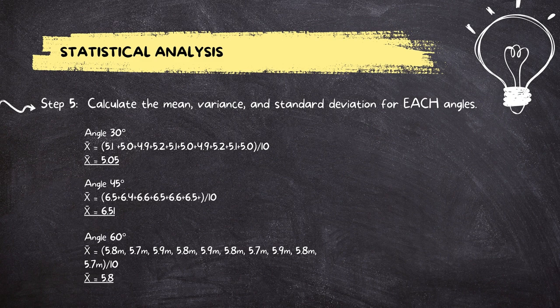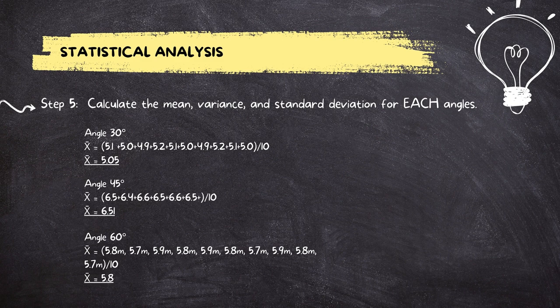So the total would be 5.05. And then the angle 45, x bar equals open parenthesis 6.5, 6.4, 6.6, 6.5, 6.6 plus 6.5, adding all those together, close parenthesis divided by 10, that will be 6.5.